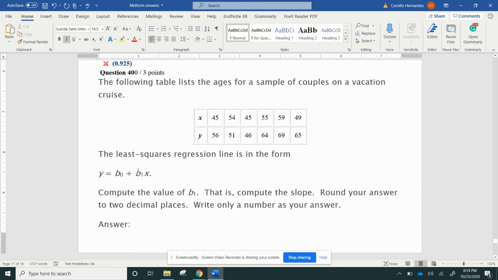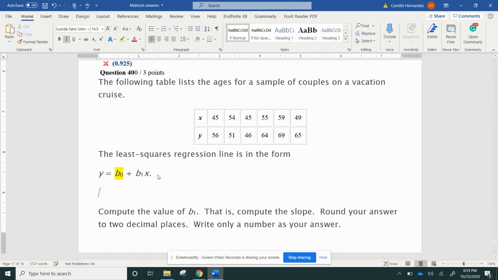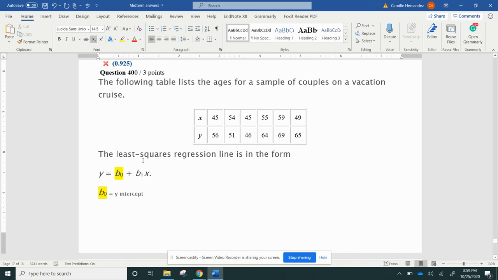So y equals b0 right here, we're going to copy it. b0 is your y-intercept, and b1 right here, I'm just going to put it here, equals your slope.